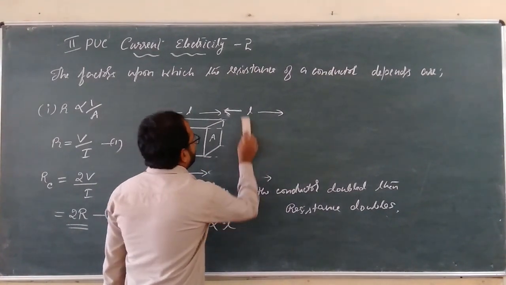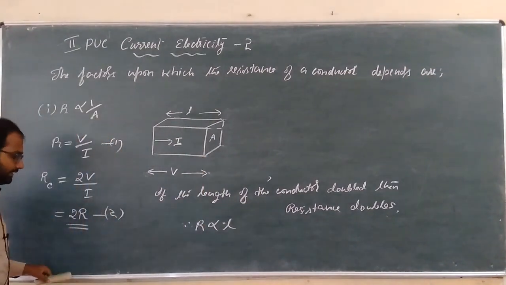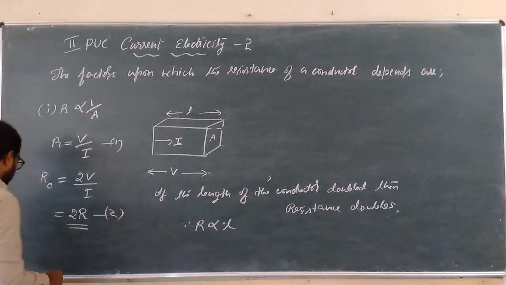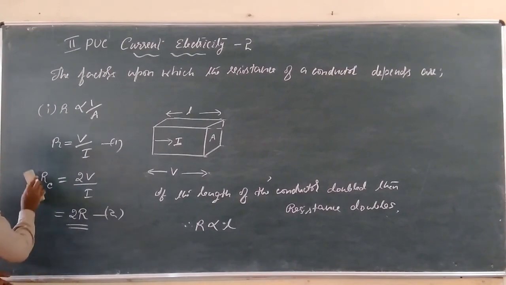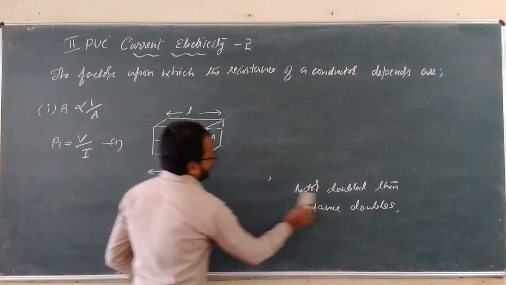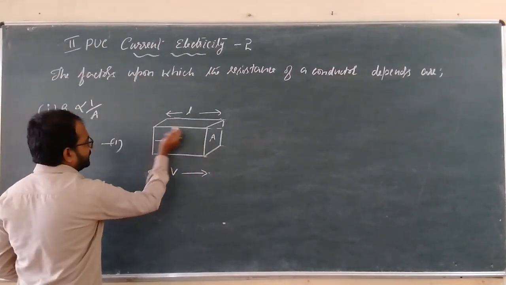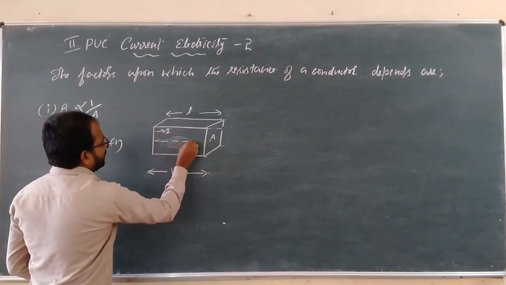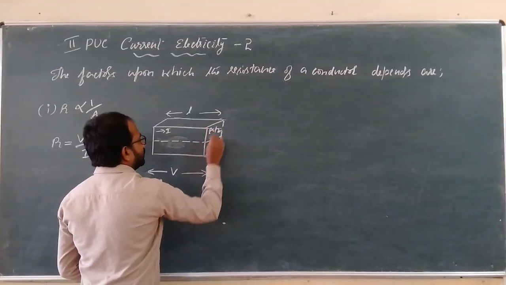The potential difference applied across the ends of the conductor is V, the current flowing through it is I, the area of cross section is A. L is the length of the conductor. Now according to Ohm's law, the resistance of the conductor is V by I, right? Now if that conductor is cut along its length such that its area of cross section becomes half, meaning A by 2, A by 2.